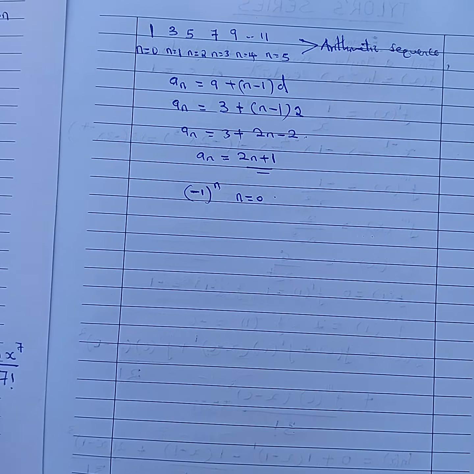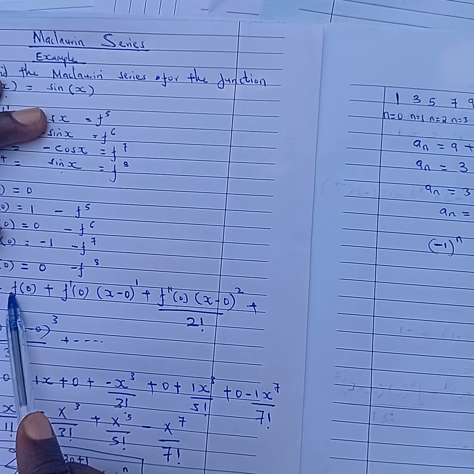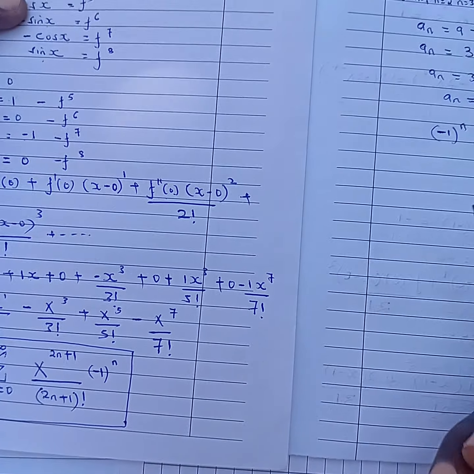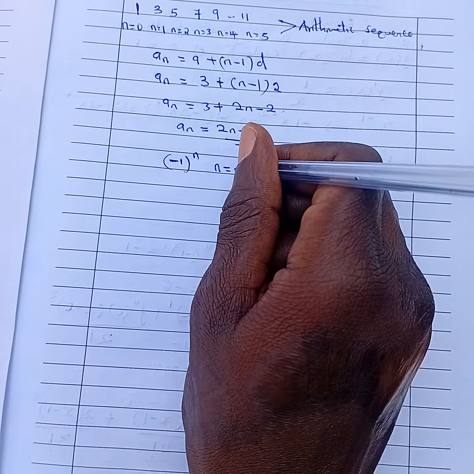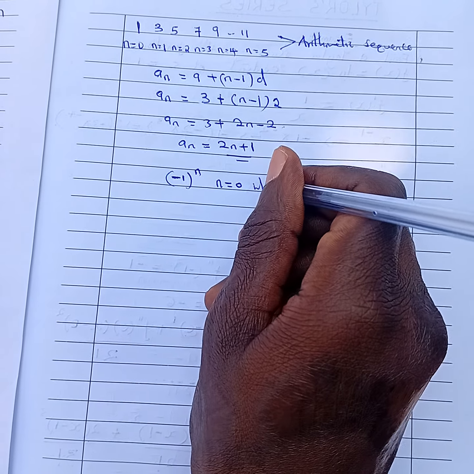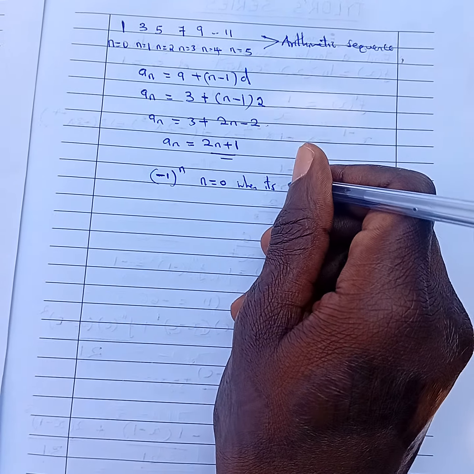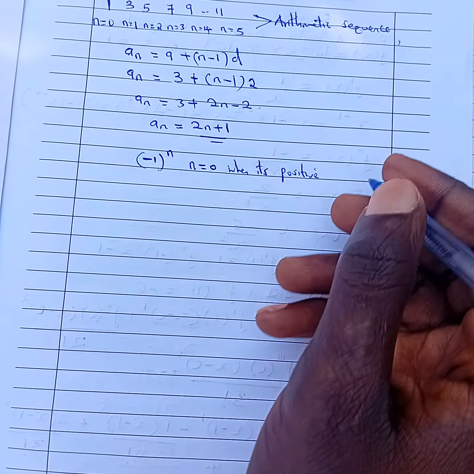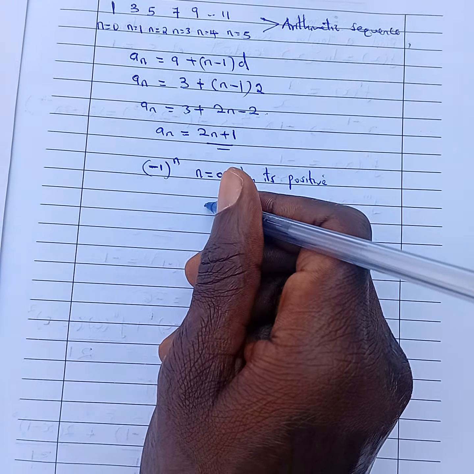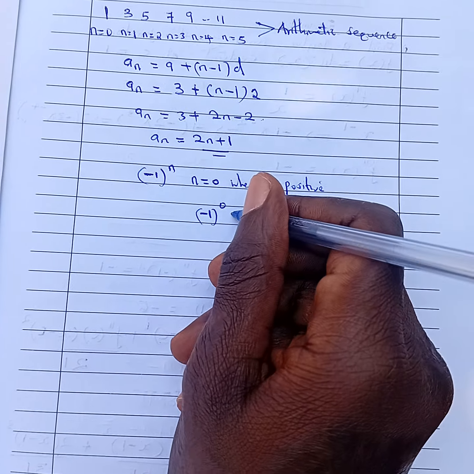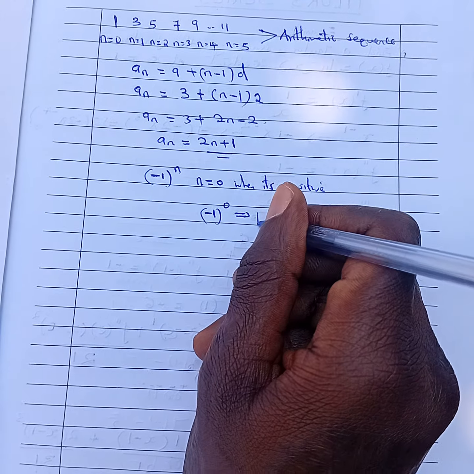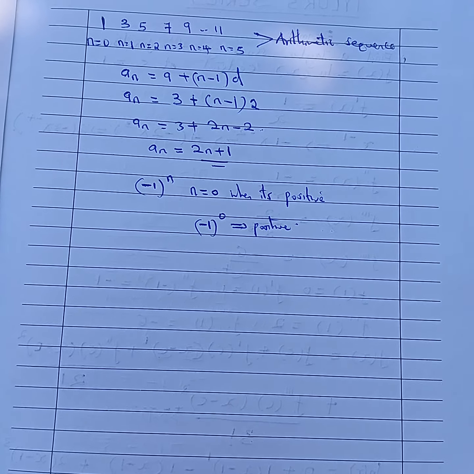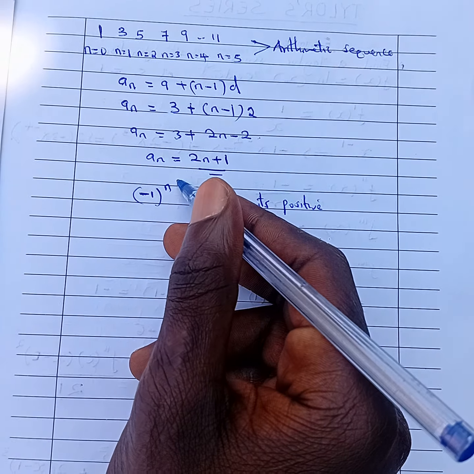We have positive, negative, positive, negative, positive, negative. Now when n is 0 it's positive, and negative 1 to the power n when n is 0 also brings you positive. That's why we use negative 1 raised to the power n.